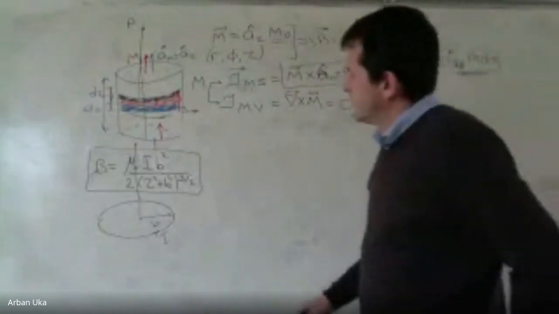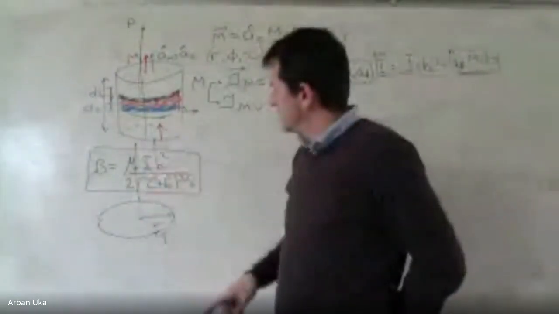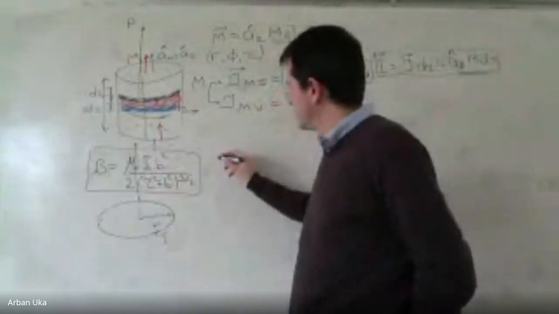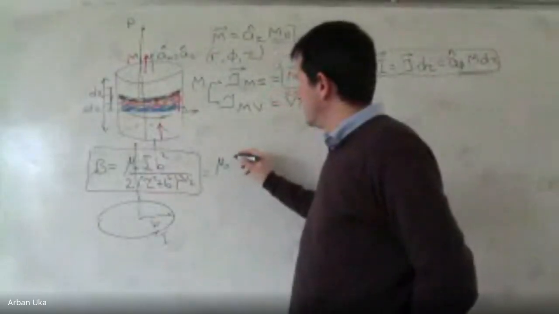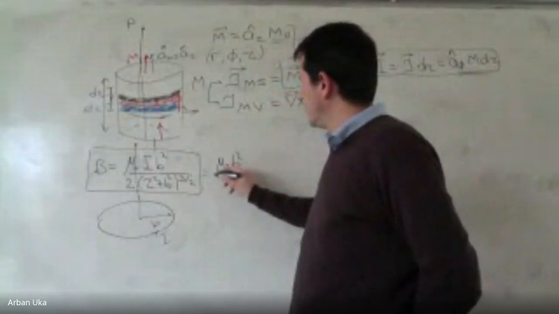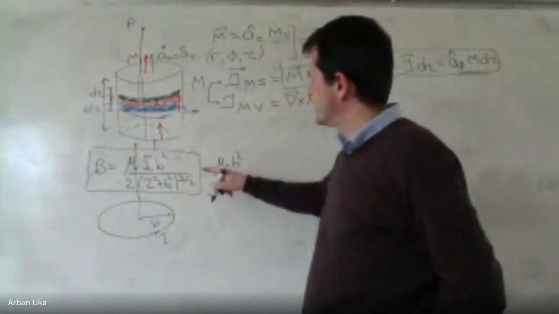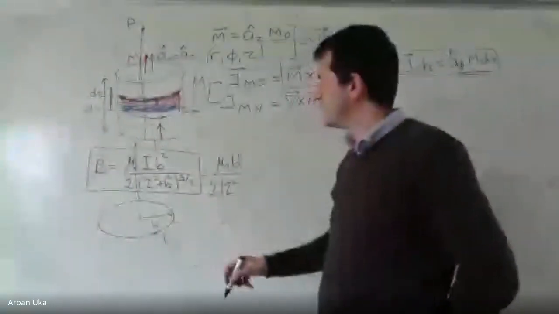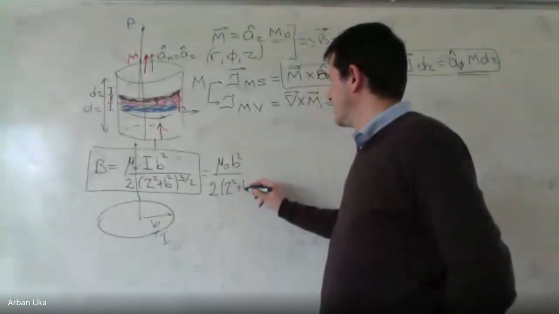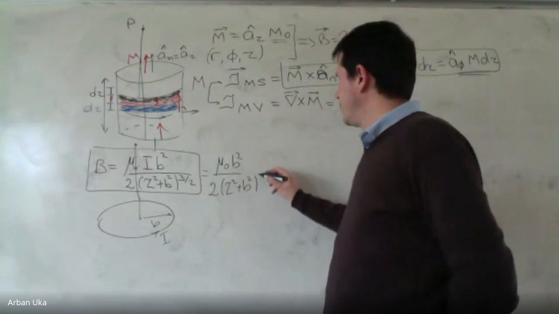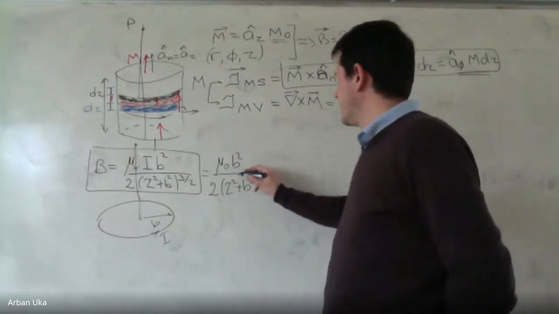And then the only thing that remains is to write down that this is equal to mu0 b squared over 2 times z squared, where z is the distance from the specific wire to the point of interest, to the power 3 over 2.